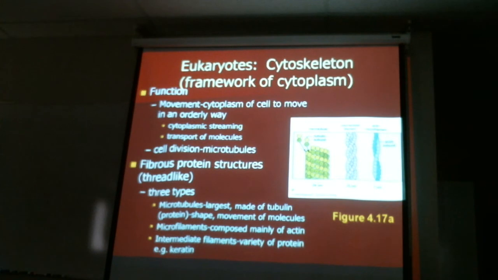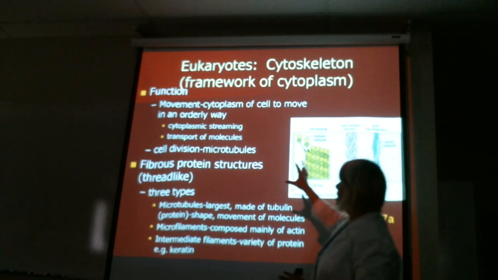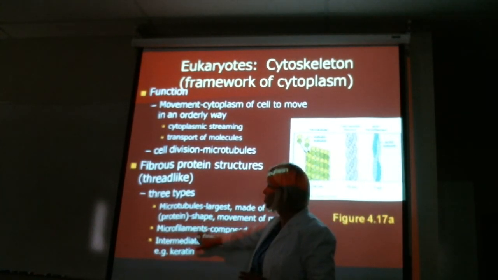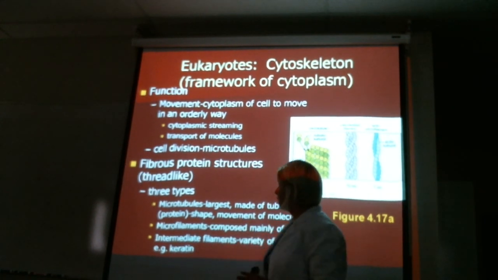Now, the cytoskeleton, they call this the framework of the cytoplasm. For a lot of these eukaryotic organisms, it helps in movement so that all those parts of the cell move in somewhat of an orderly way. The term cytoplasmic streaming is talking about moving and nutrient distribution. The three protein structures that make up this framework are microtubules, microfilaments, and intermediate filaments.